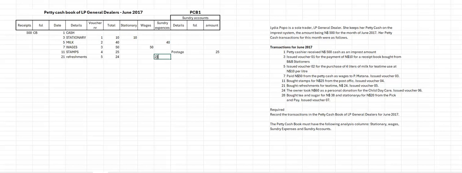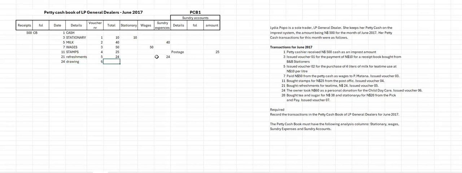So $24. Okay, then our second last one is the owner took $60 as a personal donation for the child daycare, issued voucher 6. Okay, so that would be on the 24th. We have our owner drawing from the petty cash. Voucher number 6.